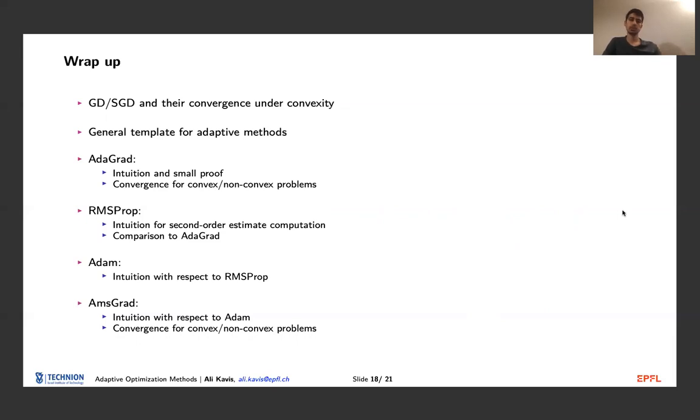We compared it to AdaGrad and argued in what case RMSProp could be better than AdaGrad. And then we saw Adam, which I would say is a generalization of RMSProp, with the addition of first order estimation using the smoothing average idea. And finally, we have AMSGrad, which theoretically solves the problem of non-convergence of Adam. And then we proposed its convergence rates for convex and non-convex problems.